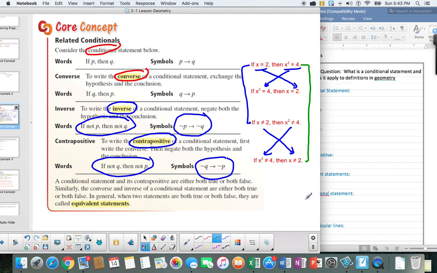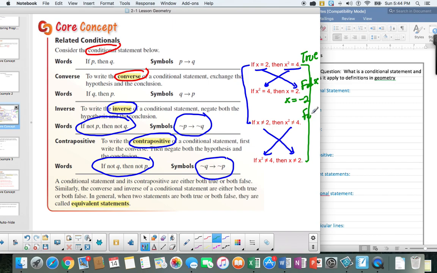Now, equivalent statements are statements that are both true or both false. So, for instance, this is a true statement. True. Now, this is a false statement. Now, why is it false? Because x could have been negative 2 as well. Now this one, if x does not equal 2, then x squared does not equal 4.